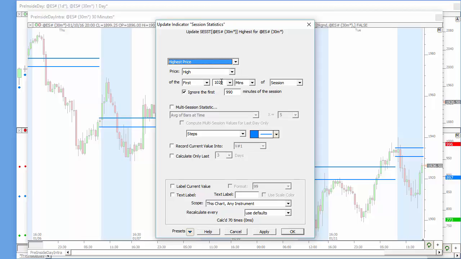If your session times are different, you'll need to adjust that. But 1,020 is the number of minutes in my overnight session, and I'm ignoring the first 990 minutes. So this gives me the high of that 30-minute period right before the session opens, and I did the same for the low. These two instances of session statistics give me the high and low of that pre-30 bar.